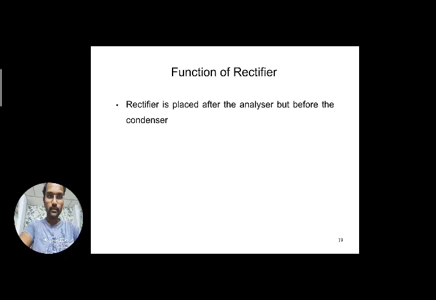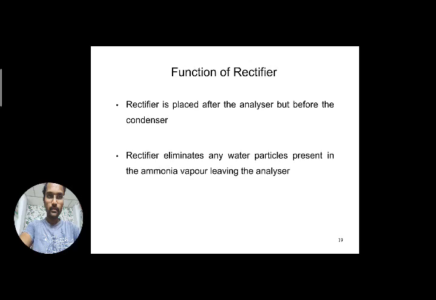Now we will see the continuation as it next enters the rectifier. This is the final stage of elimination of water particles. It is placed after the analyzer but before the condenser component. So further elimination of water vapor particles is done in this. The rectifier eliminates any water particles present in the ammonia vapor leaving the analyzer.